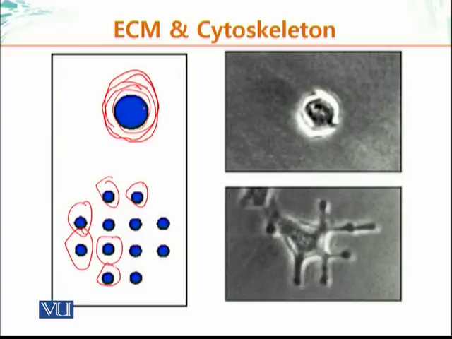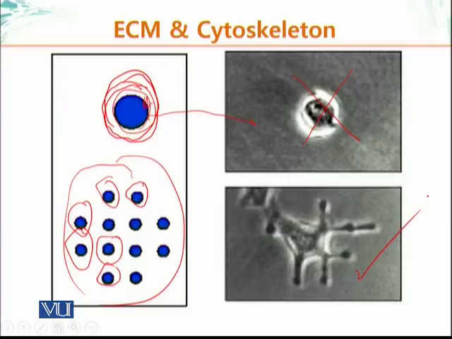And we put a cell on this fibronectin, and we also put a cell in this area. The result: the cell which was put on this area, where the amount of fibronectin is the same, died via apoptosis. It could not survive. Whereas the cell which was put on this area survived. So it is not the amount of interaction.